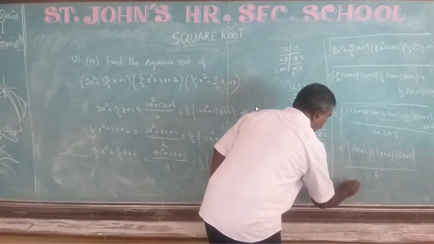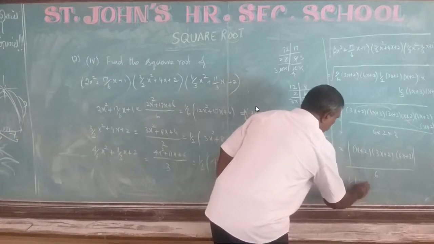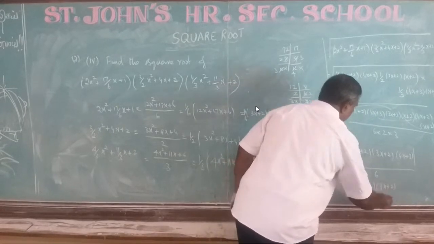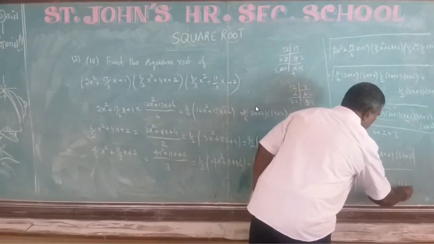Therefore the answer is 1 by 6 into modulus of (x plus 2) into (3x plus 2) into (4x plus 3).